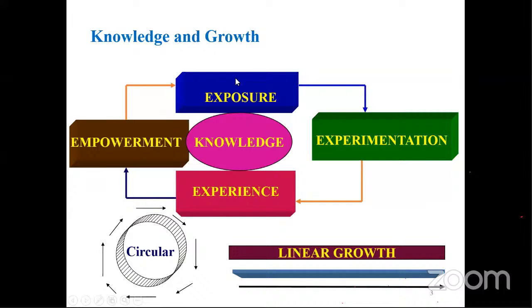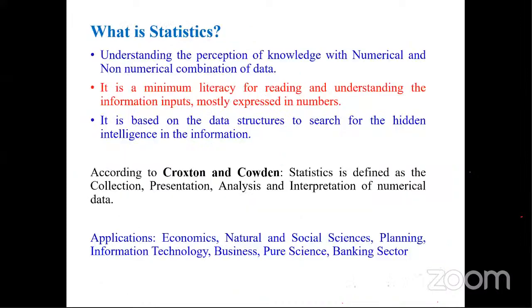If you want to acquire this particular knowledge, you will have these things, circular and linear growth. When you are updating the things, then it will be growth. This will be updating your information all the time.